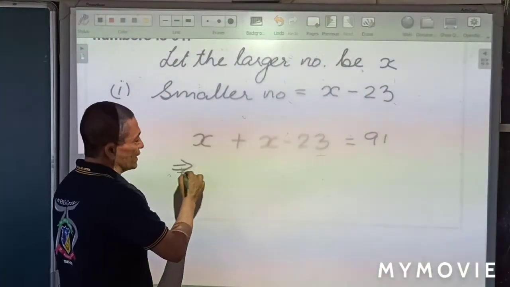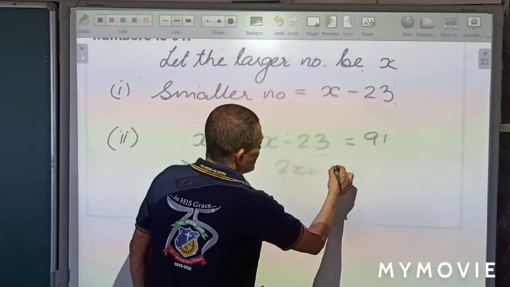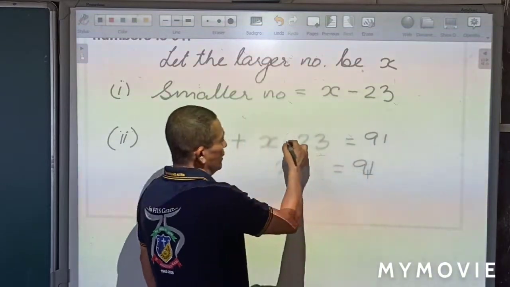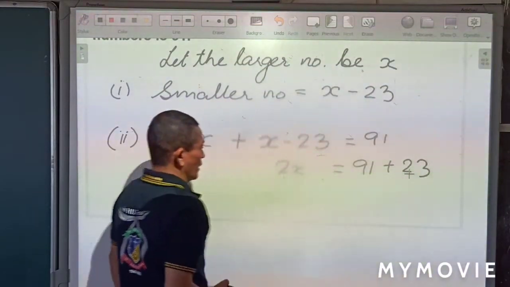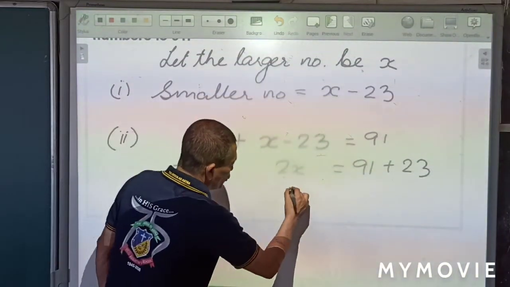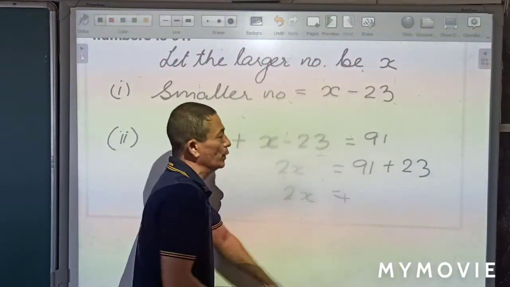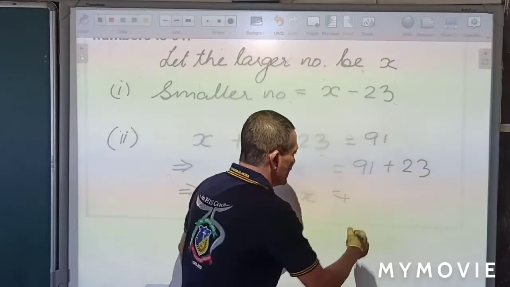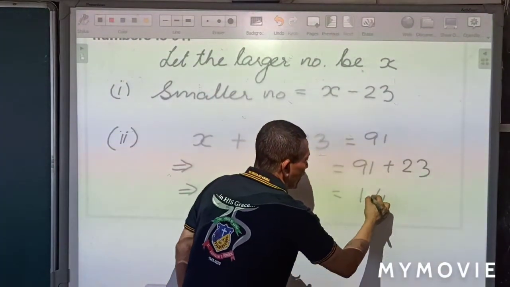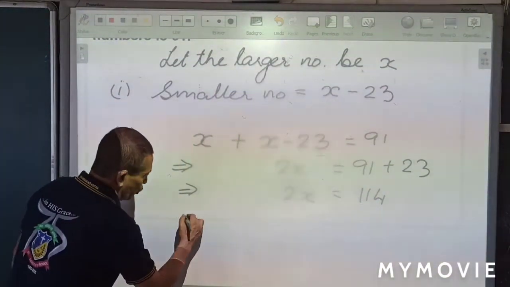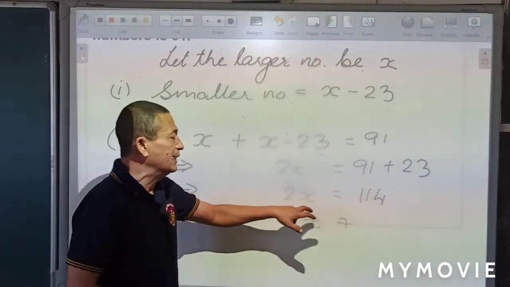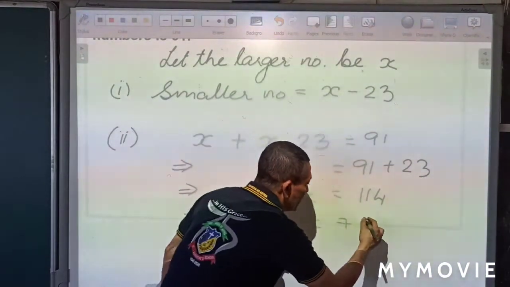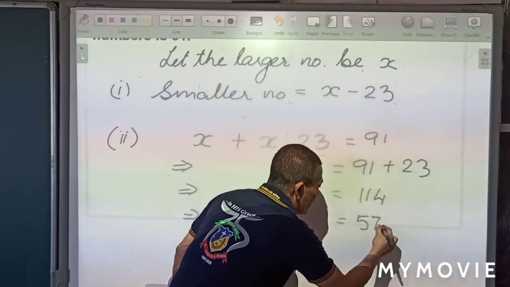So if I solve this, I get 2x is equal to 91, minus 23 becomes plus 23, which means 2x will be equal to 91 plus 23. That should give me 114. So I can say x will be equal to 114 divided by 2, which will give me 57.